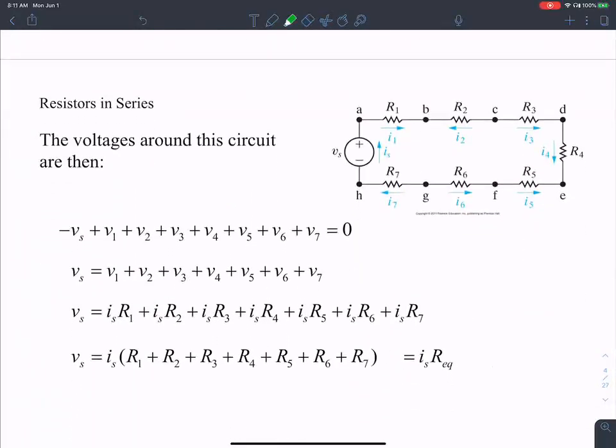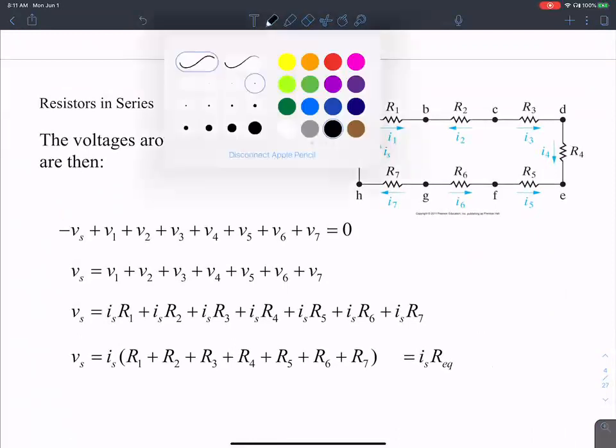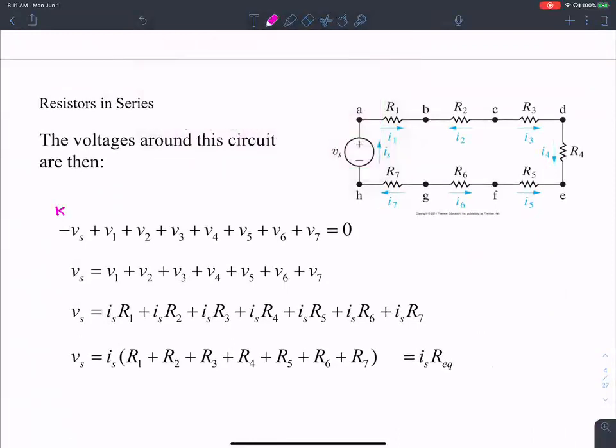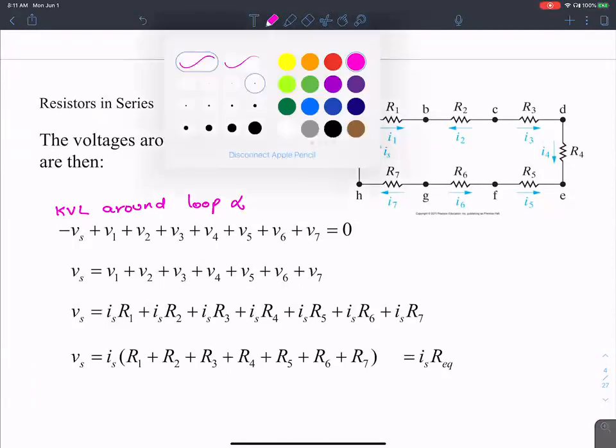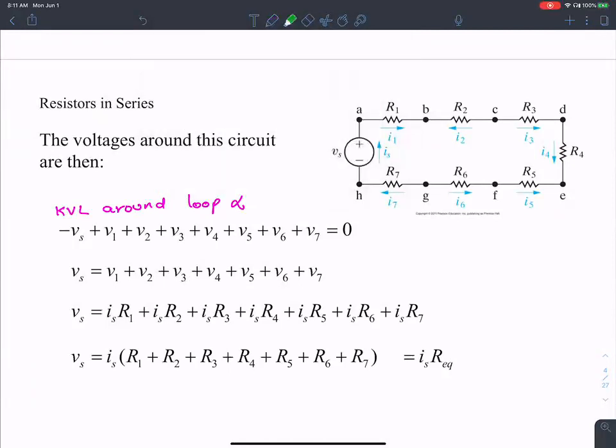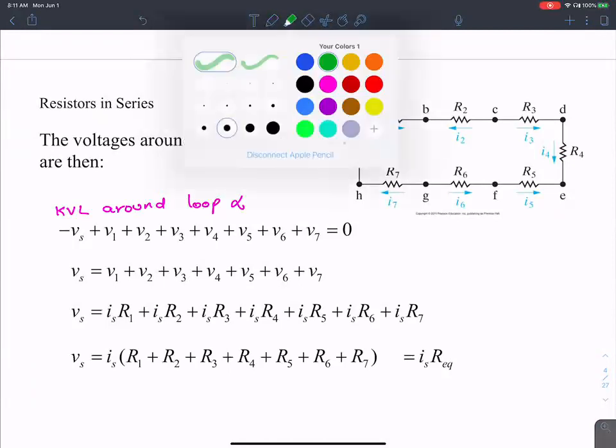Now if we apply KVL around this loop, around loop alpha, this guy.